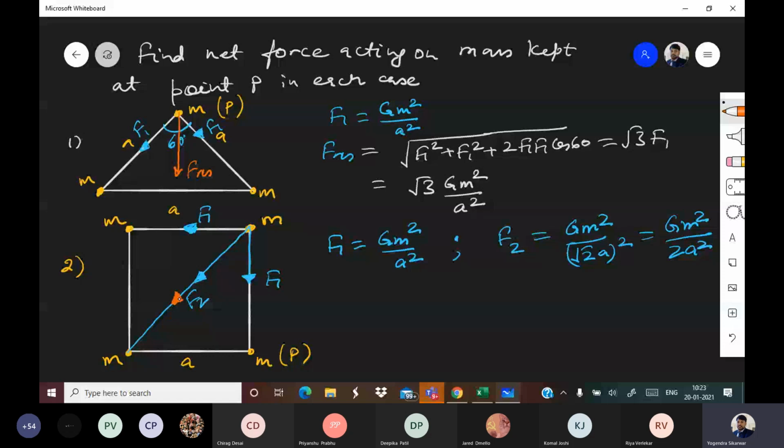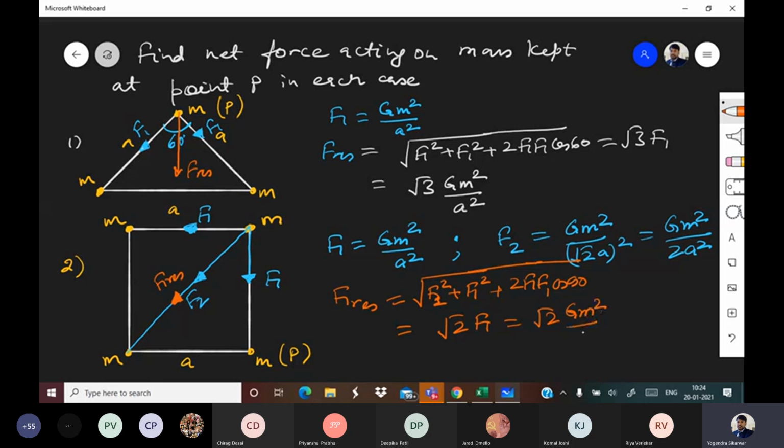F1 resultant will be under the root of F1 square plus F1 square plus 2 F1 F1 cos 90, and that will be root 2 F1. Okay, and that will be root 2 Gm square upon a square.